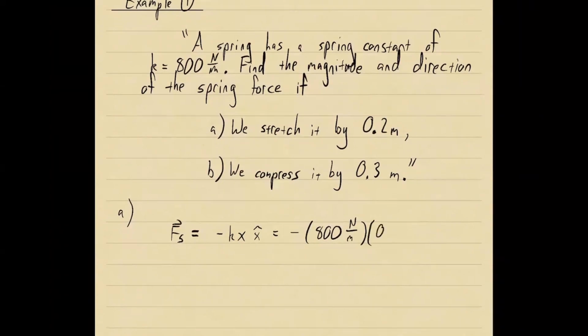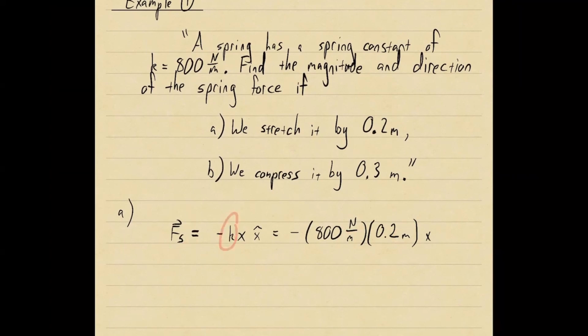So our displacement is going to be positive. Don't forget the direction. And here we see that the units of meters cancel out, and we're left with an answer in units of newtons, which makes sense because the thing on the left-hand side should be a force, right?